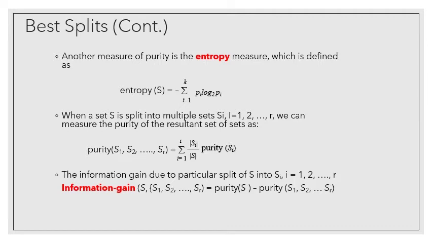The information gain due to a particular split of S into S_i, where i is from 1 to r, is information gain(S, {S1, S2, ..., Sr}) = purity(S) minus purity(S1, S2, ..., Sr).